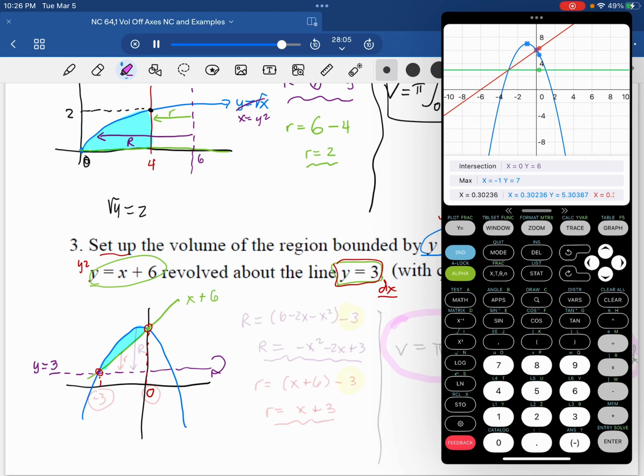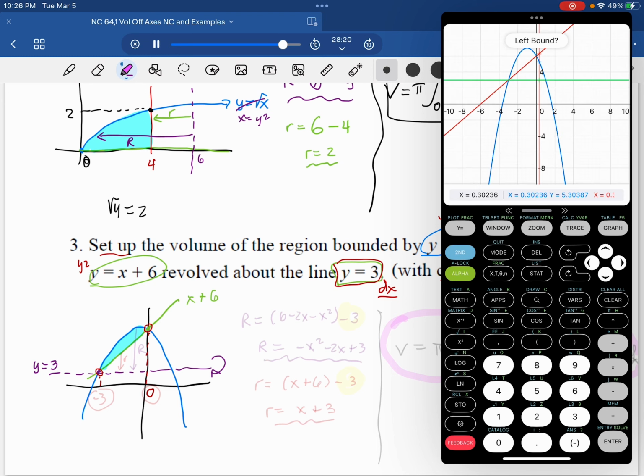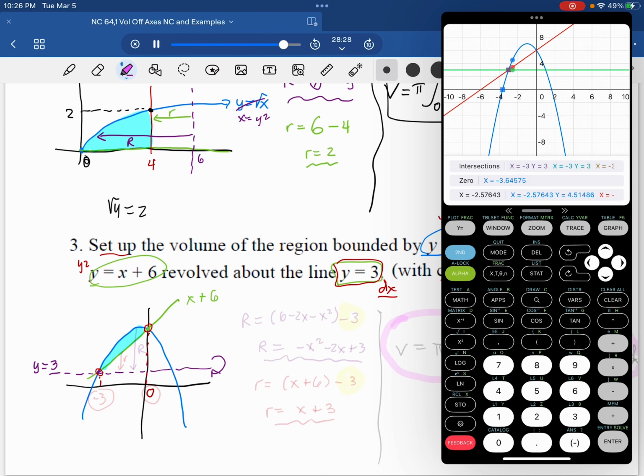Just to clarify, mine's showing like 3.5 e negative 15. That basically means 0. It's like 14 zeros and a 3. So that point is 0. And then my other intersection, again, make sure you're toggling between the parabola and the linear equation, is negative 3. So those are my limits, negative 3 to 0.